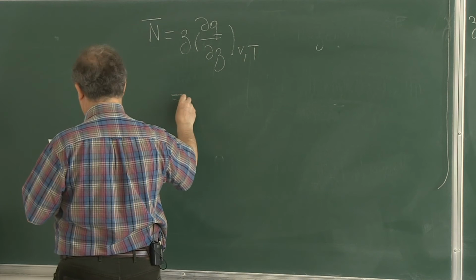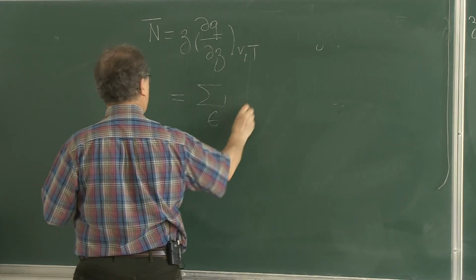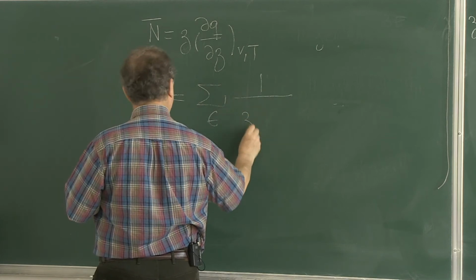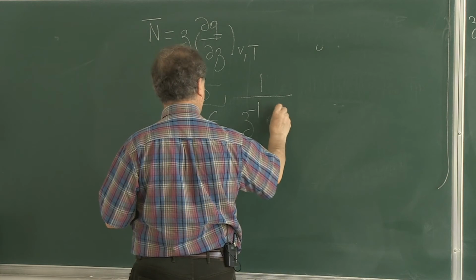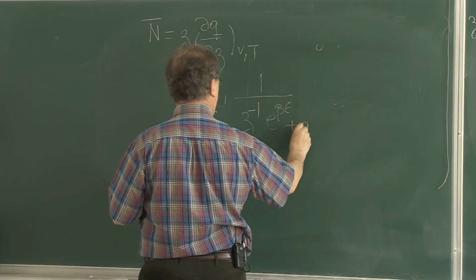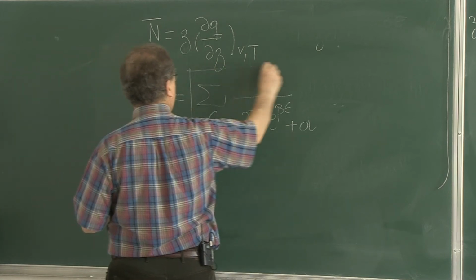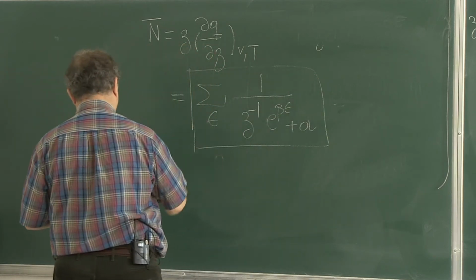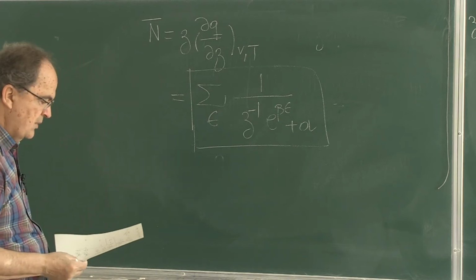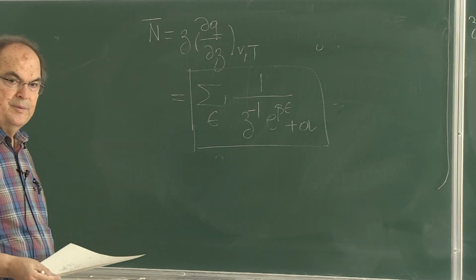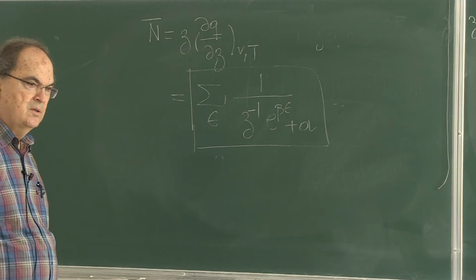That turns out to be the sum over E of 1 over Z to the minus 1, e to the beta E plus A. Derivative of a logarithm is 1 over the function times the derivative of the function.